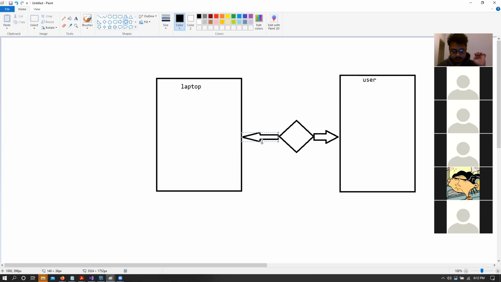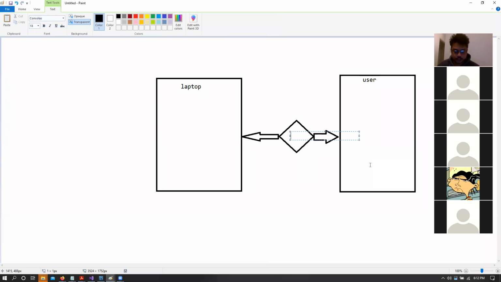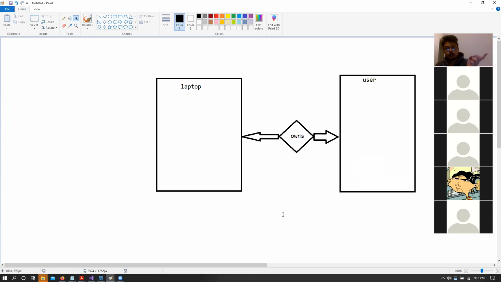I believe it should be something like this, right? Do you guys agree? And this would be an owns relationship, right? So one user can own one laptop, and a laptop can be owned by one user.